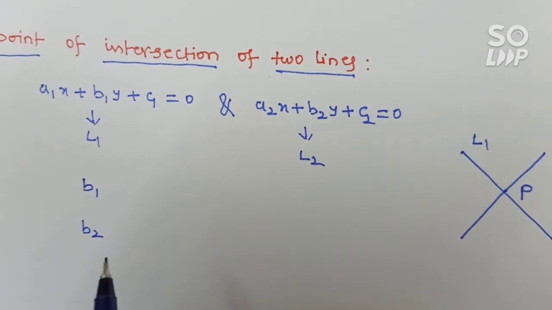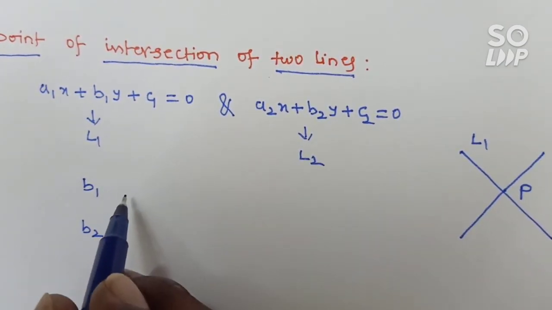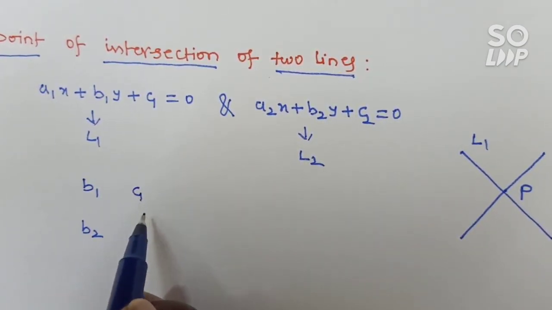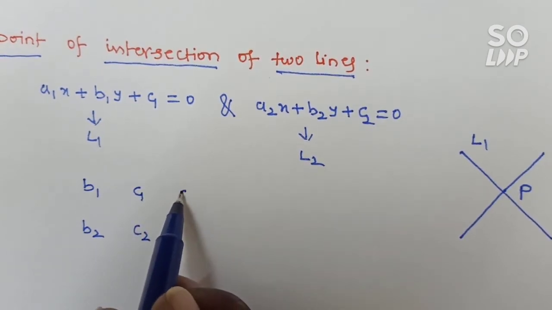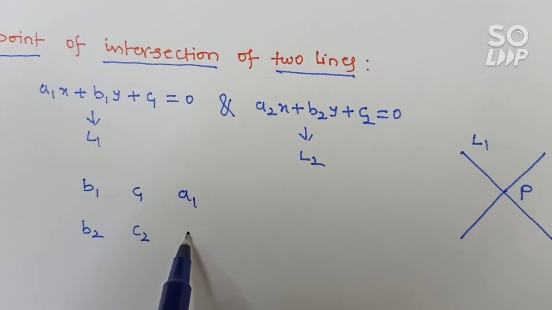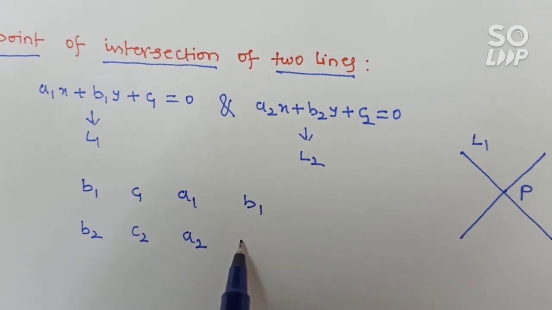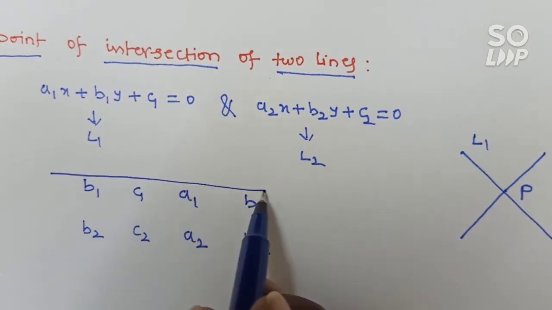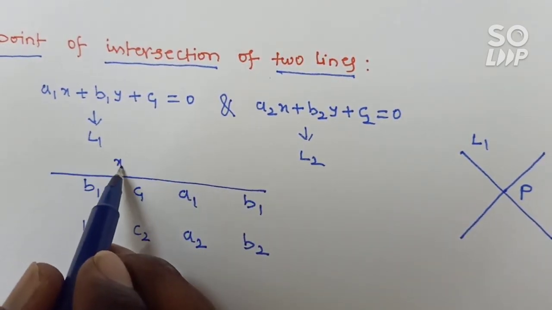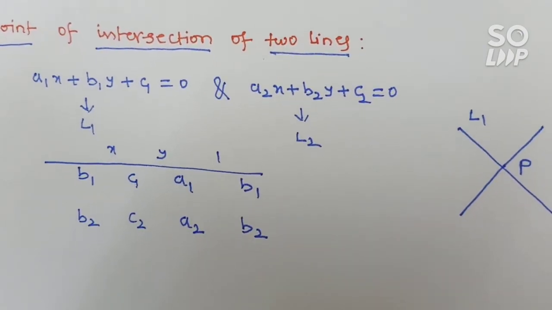This is the procedure to find the point of intersection. And next you write the constants c1, c2. And next you take the x coefficients a1, a2. Again you take the y coefficients b1, b2. Here this is x and this is y and this is 1, right?